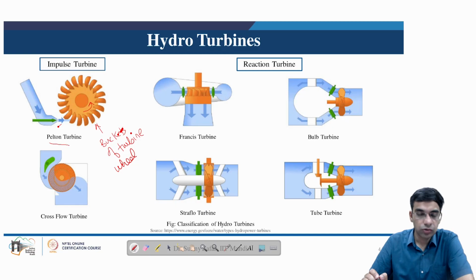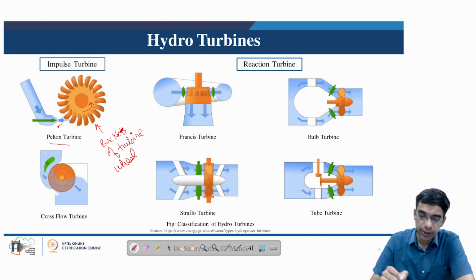Similar action is also observed in cross flow turbine, which is also another type of impulse turbine. In reaction turbine, as we have seen, these popular types include Francis, bulb, Straflow, as well as the tube.